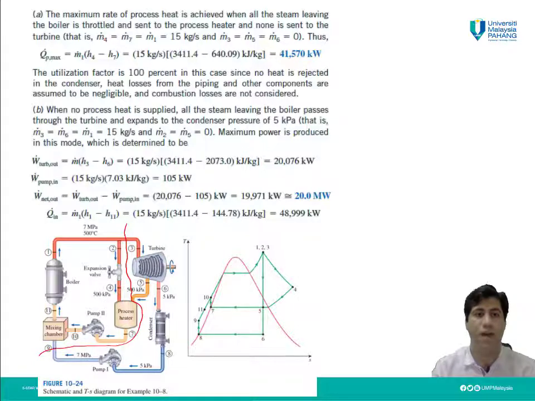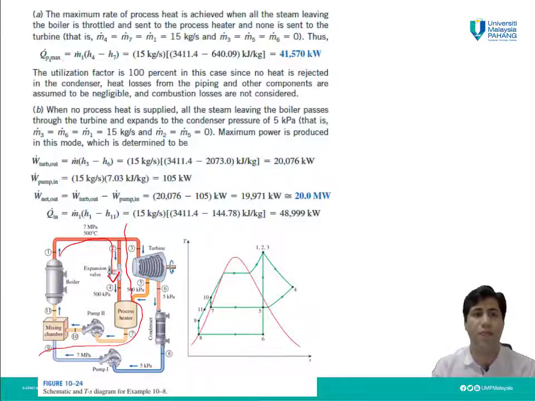In other words, m3, m5, m6 will be 0, and m4, m7, which is after the process heater, and this is after the throttle, will be equal to m1, or even m2. So all of the steam after the boiler will go to the process heater.